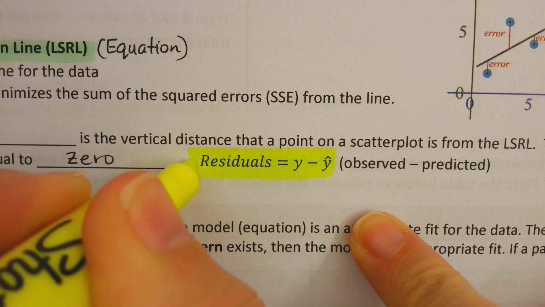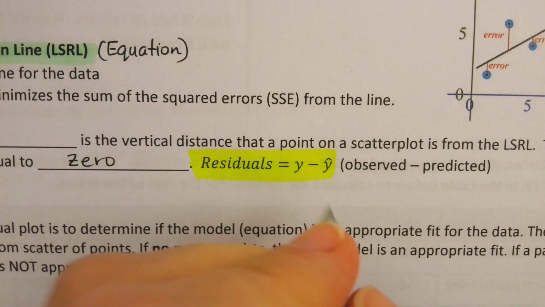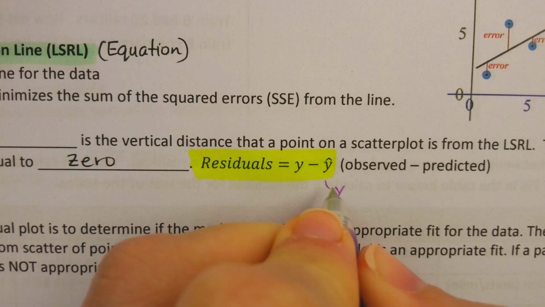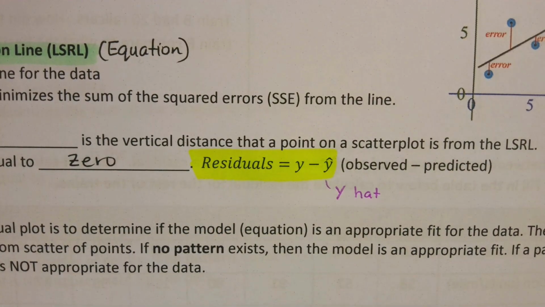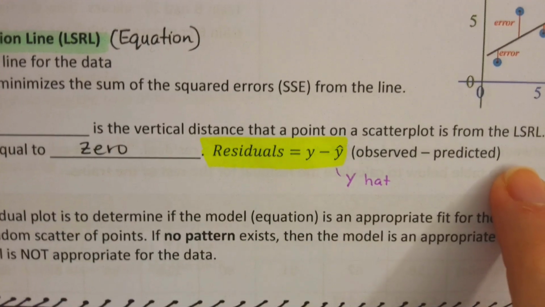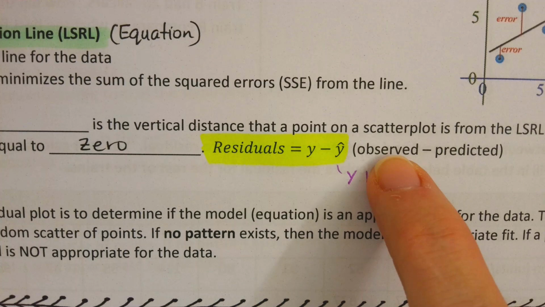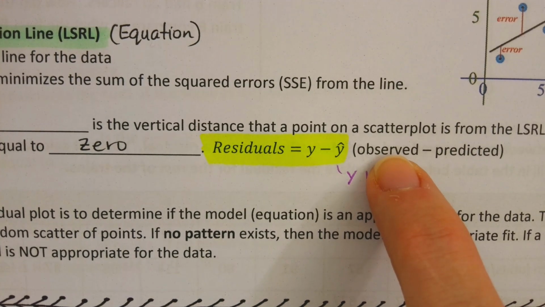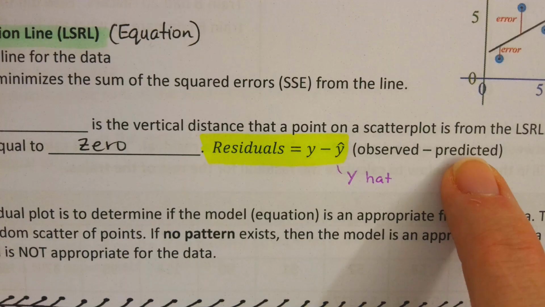We read it as y hat. That's literally y hat. That is his official AP stats name. Y hat. And it's the observed minus the predicted number. Observed means what you actually observed happening, like some actual thing that you timed or actual data point that you have, minus what the equation is going to be predicting for us.